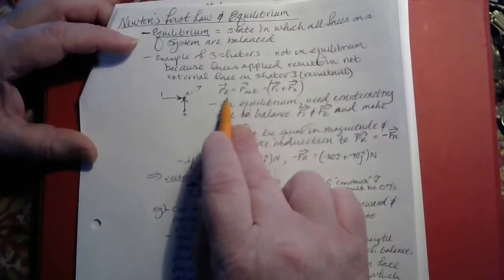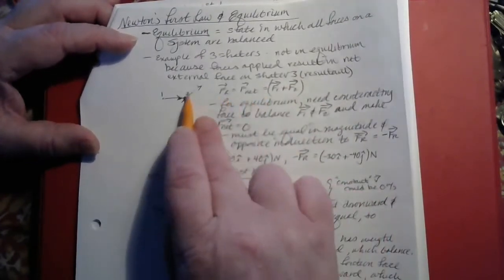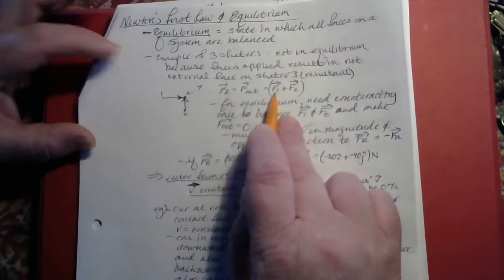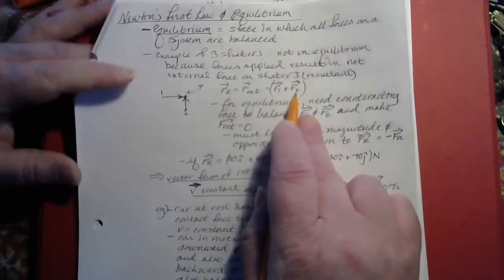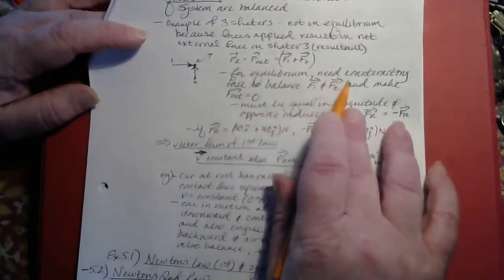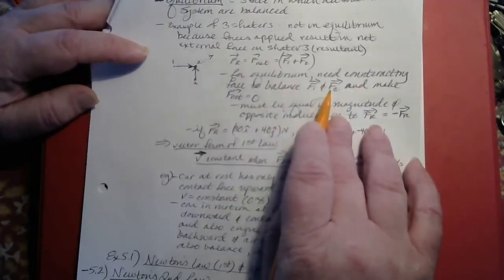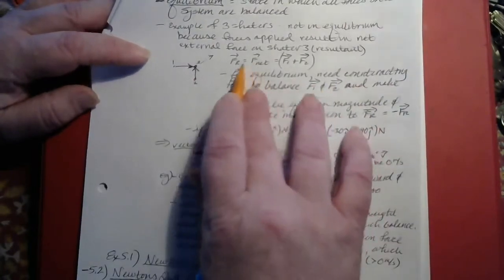So in other words, the net force or the resultant force on skater 3 is just the force exerted by skater 1 plus the force exerted by skater 2. For equilibrium, we would need a counteracting force to balance F1 and F2 and make F net, or FR, the resultant force, 0.